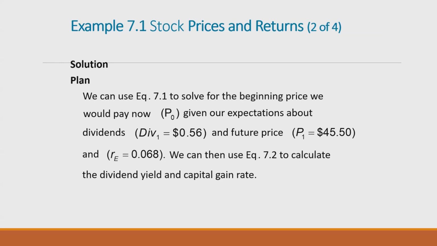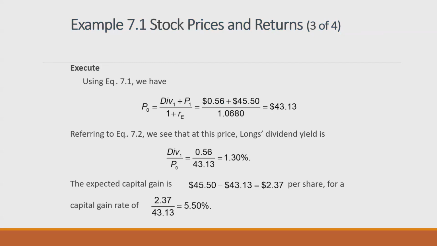We can then use 7.2 to calculate the dividend yield and the capital gain rate. So to execute using equation 7.1, we have this formula here. And when you put in the numbers, it equates to $43.13.